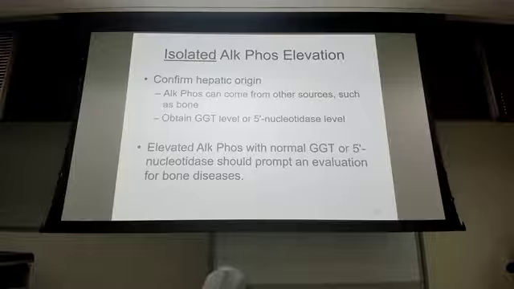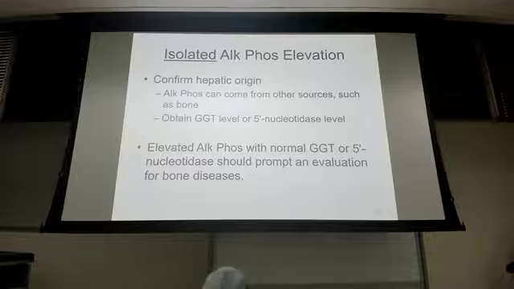So when it comes back and alk phos is elevated on your routine LFTs, and now it's time to get the GGT and it's elevated, yep, liver, the 5-nucleotidase level is elevated, yep, this is liver. If GGT and the 5-nucleotidase are good to go, but alk phos is up, start thinking some type of bone disease.